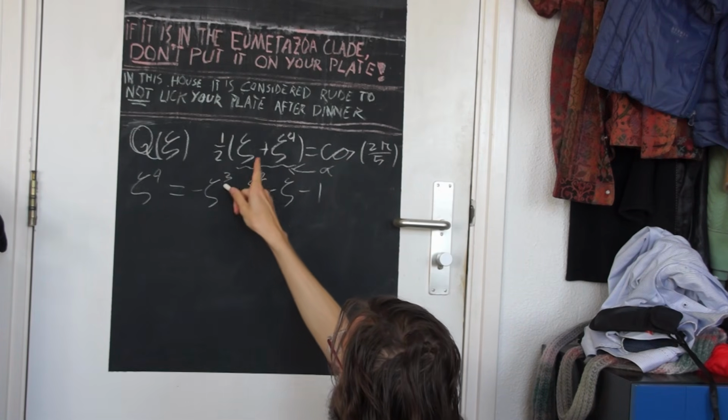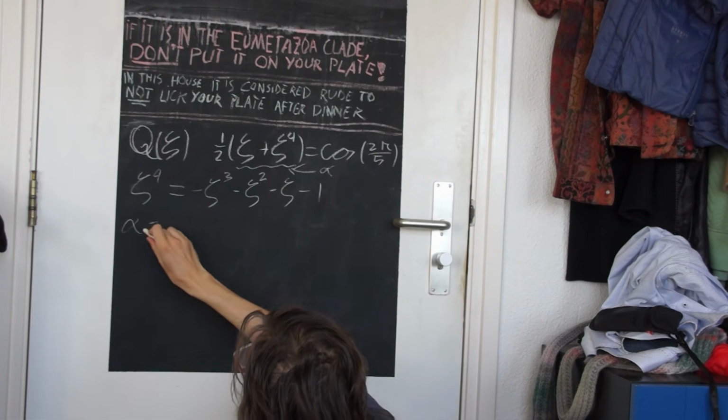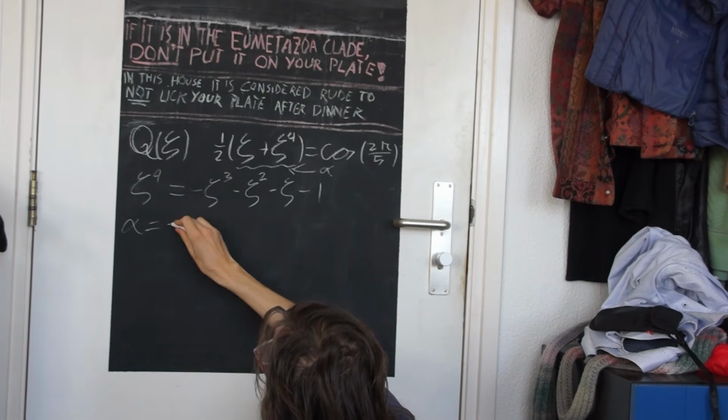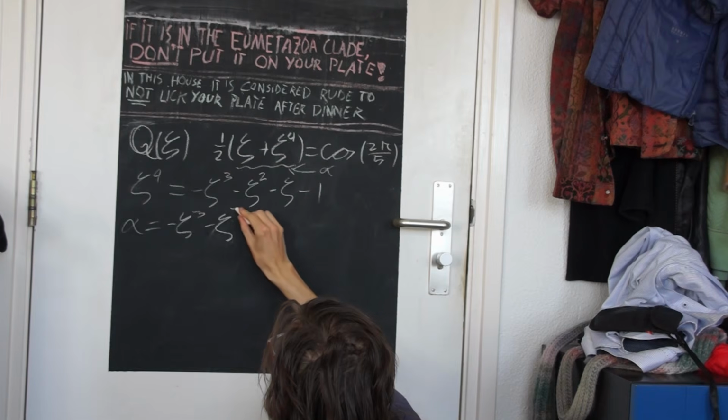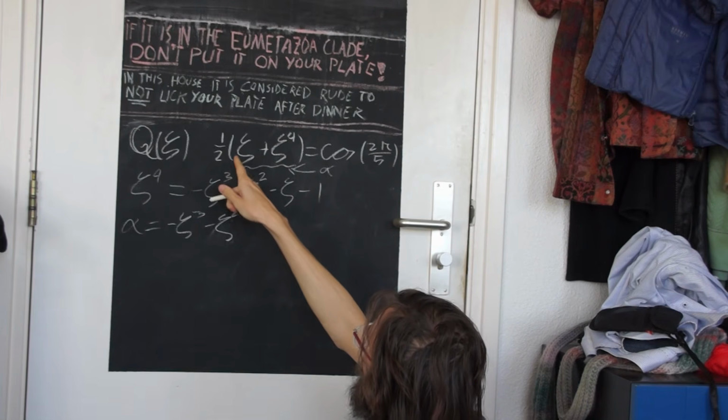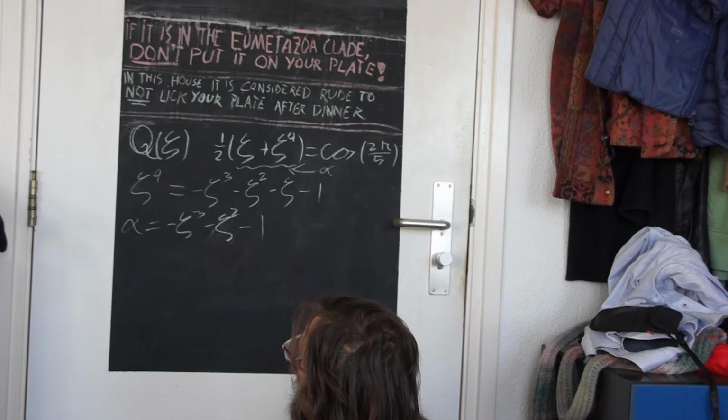Then plugging this in for alpha, we find that alpha is going to be equal to minus zeta to the third minus zeta squared. We don't get this one because it cancels with this, minus 1.